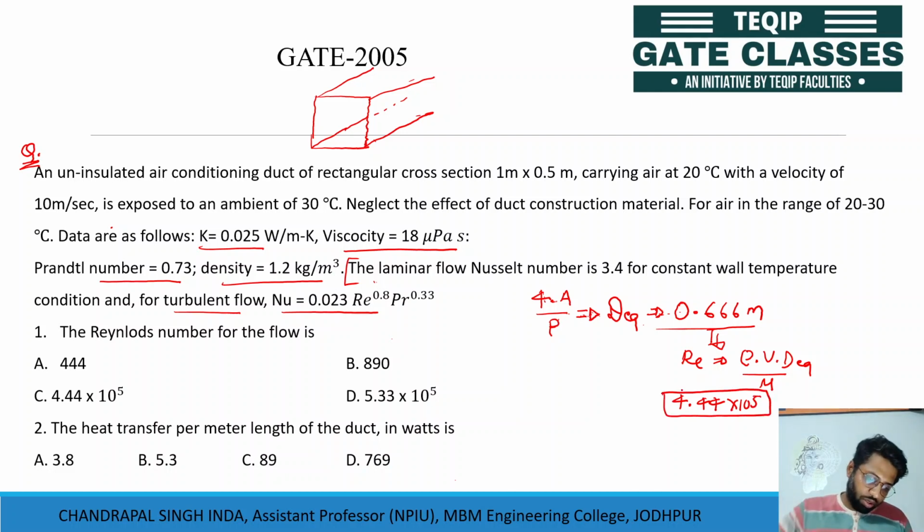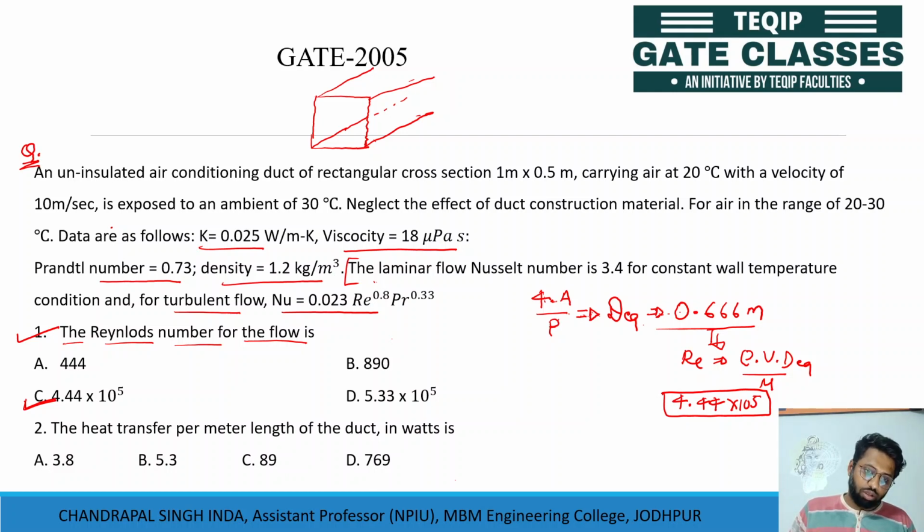The question has asked what the Reynolds number for the flow is. The answer which matches is option C, so we have easily found the Reynolds number, which is 4.44 into 10 to the power 5. After finding the Reynolds number, we have to find the rate of heat transfer per unit length of the duct.